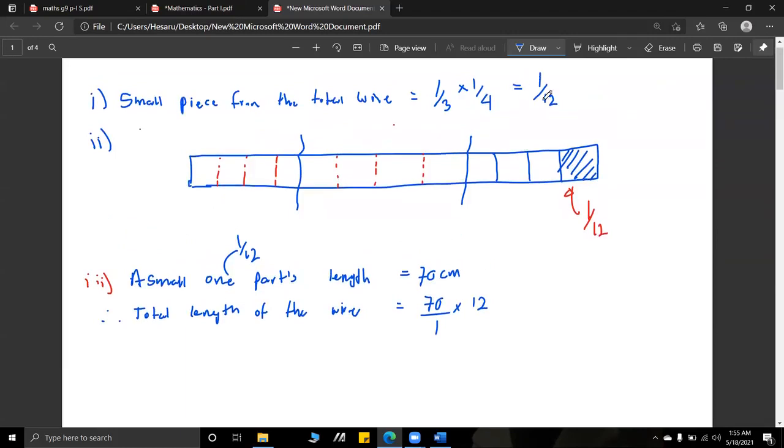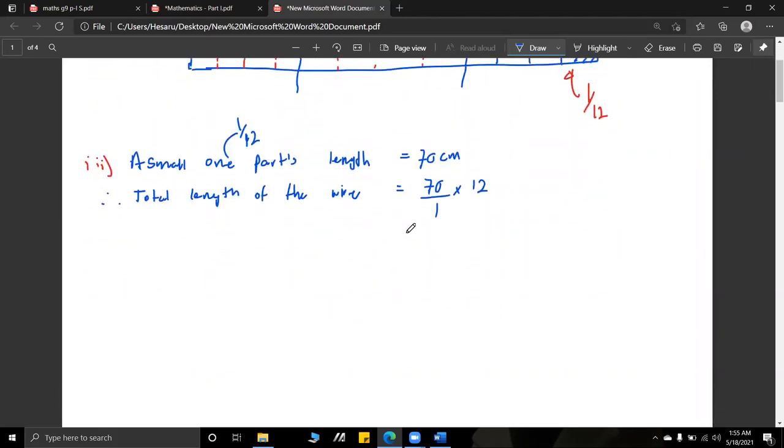You found that out in the previous one. So if 1/12 is 70, then for the total 12 parts, one part from the 12 is 70, so the total will be 70 divided by 1 into 12. This one is not necessary; I wrote it just to make sure that you are getting this. So the value is simply 70 times 12, which is 840 centimeters.